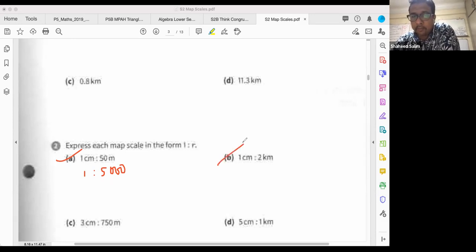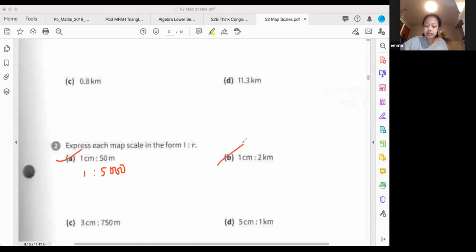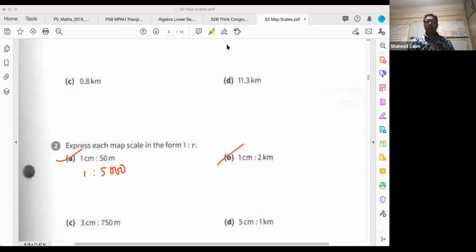Can you try B? 1 to 200,000. Now notice, so far I've seen it's always 1 down here. Now this one is 3. You got to change it to 1.